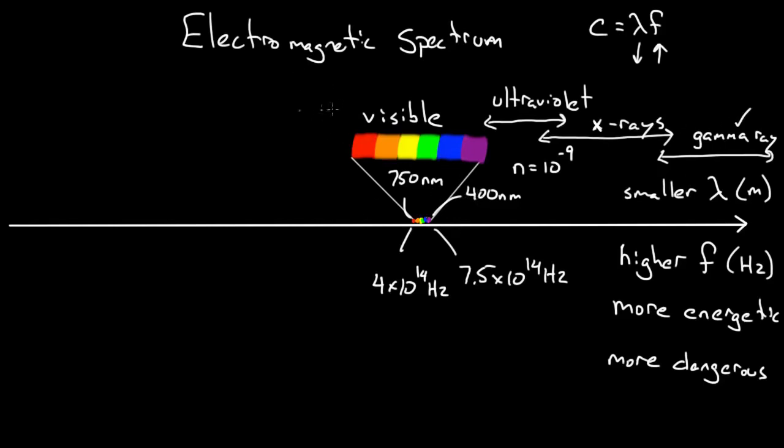Then down here, you've got infrared. So this would be below red. You couldn't see this either. And then below that, you've got microwaves. In this region, there's lots of useful stuff. Your cell phone signals are in the microwave region.